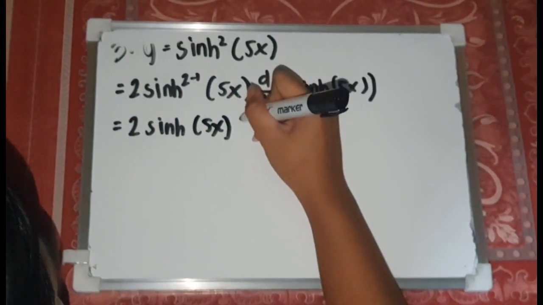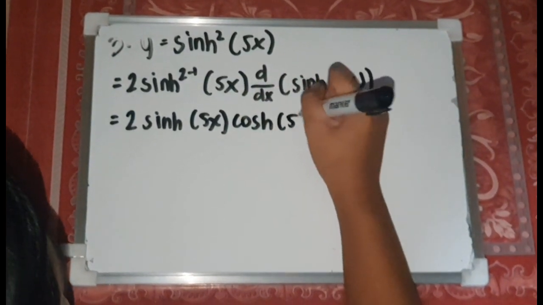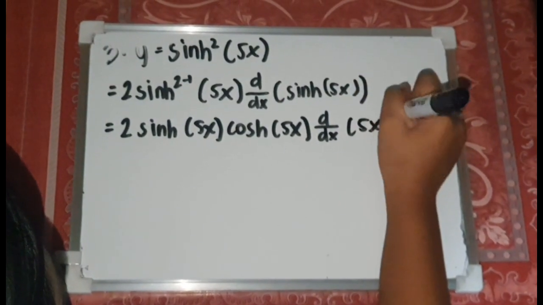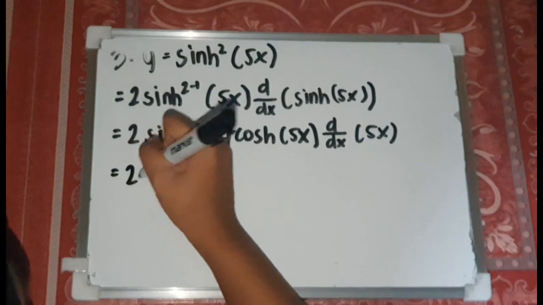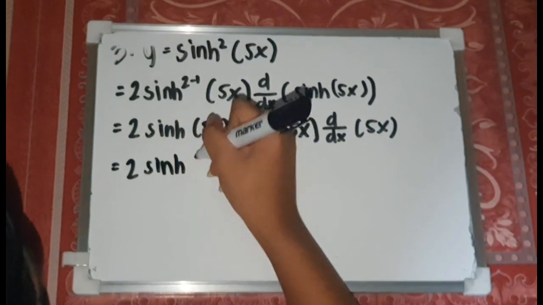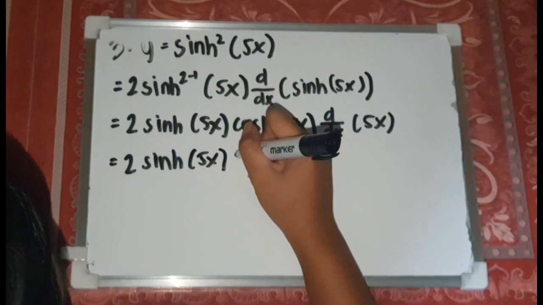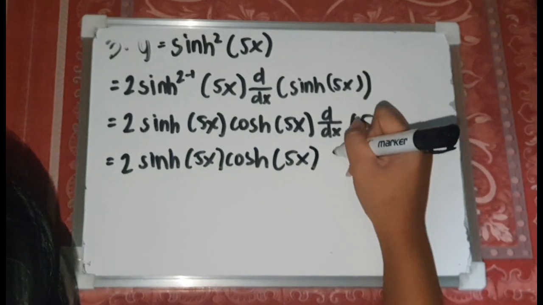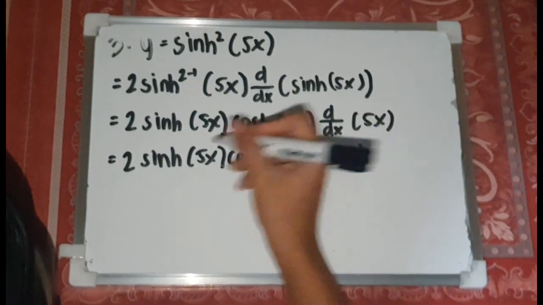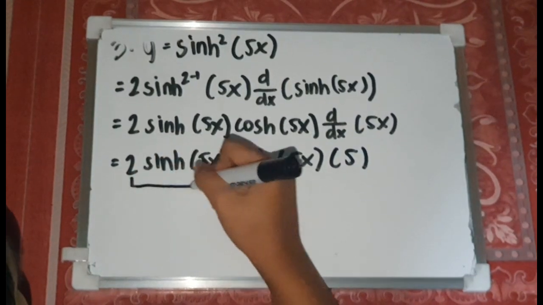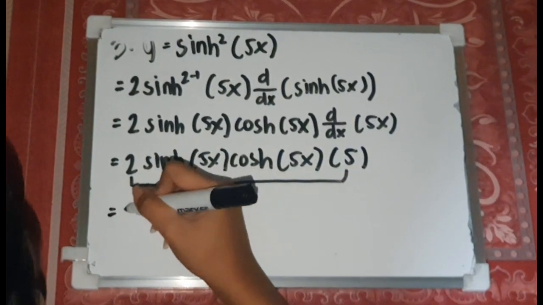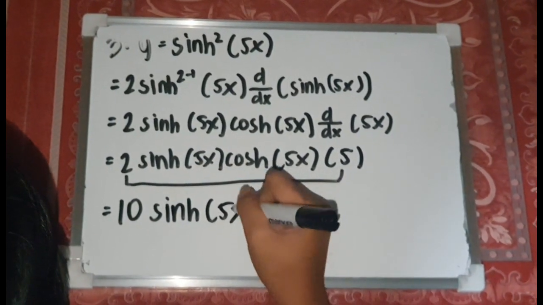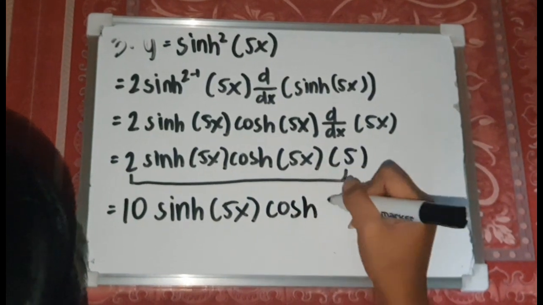The derivative of hyperbolic sine is hyperbolic cosine, copy 5x, and then times the derivative of 5x, which is 5. 5 times 2 is equal to 10 hyperbolic sine 5x, copy, and hyperbolic cosine 5x, copy.